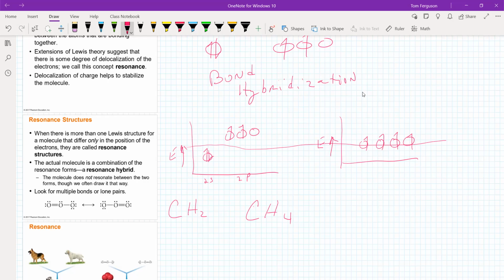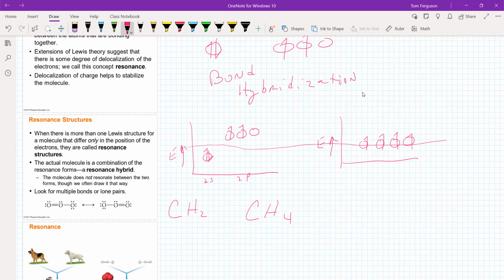This guy has 4 singletons, meaning 4 bonds. Okay, and that's called bond hybridization. Basically we've hybridized this bond and hybridized these 3 bonds. Okay, that's why carbon has got 4 singletons.